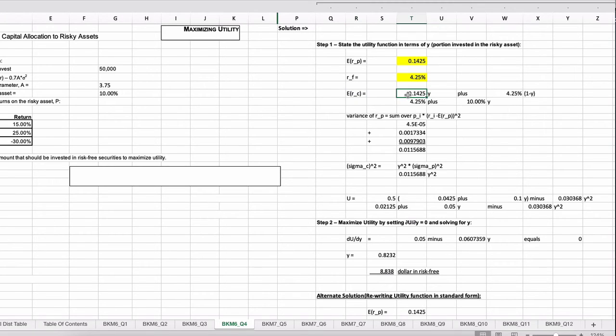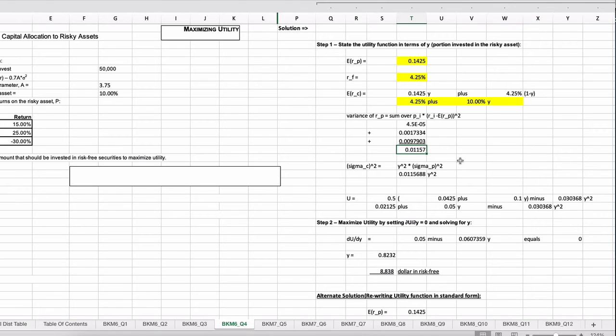Risky portfolio expected return 14.25% times Y plus risk-free return 4.25% times 1 minus Y. And we can simplify it to 4.25% plus 10% times Y.